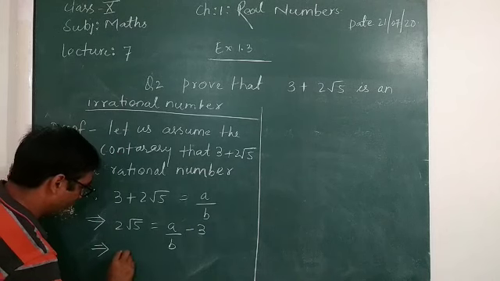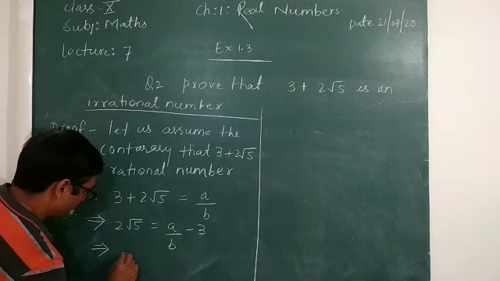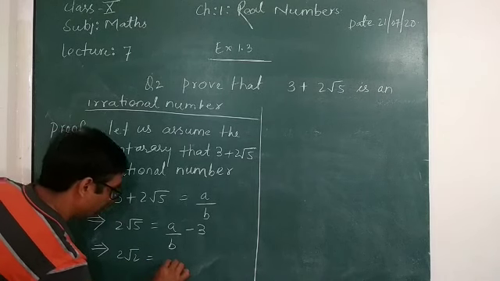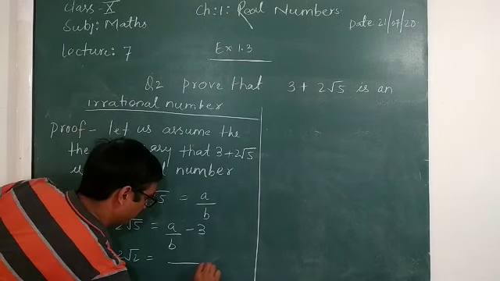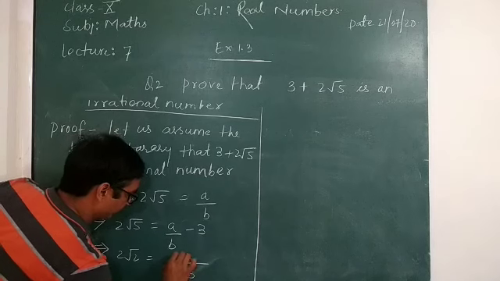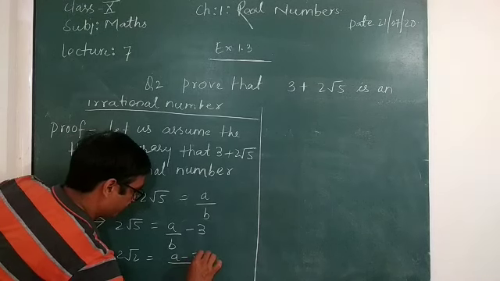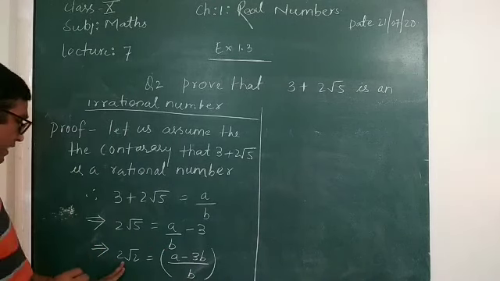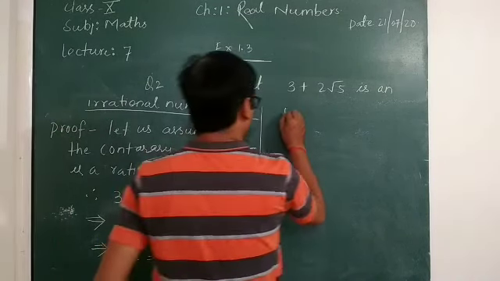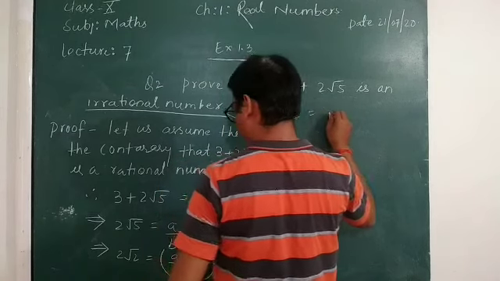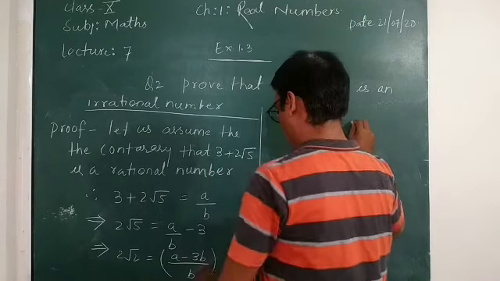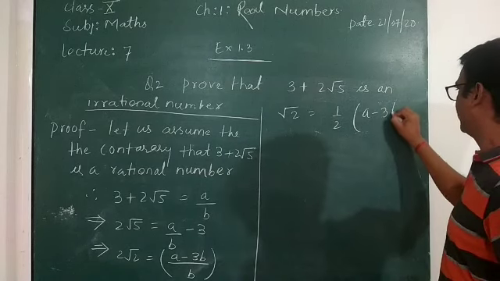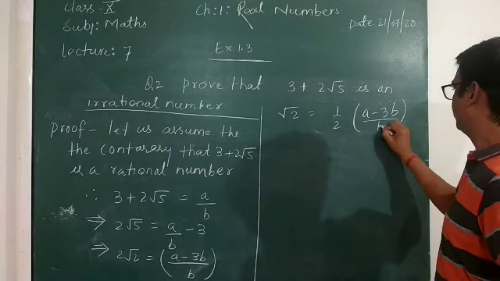Again by solving, we can write here 2 root 5 is equal to, taking b as LCM, a minus 3b upon b. So again we can write root 5 is equal to 1 by 2 times (a minus 3b) upon b.